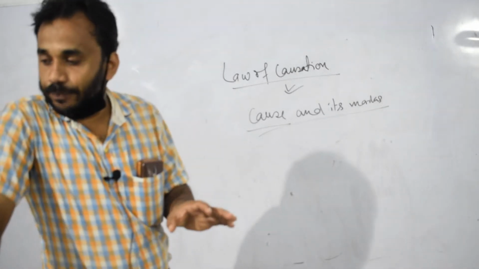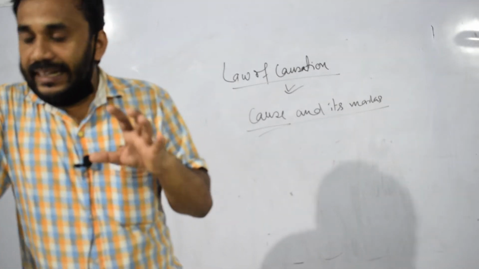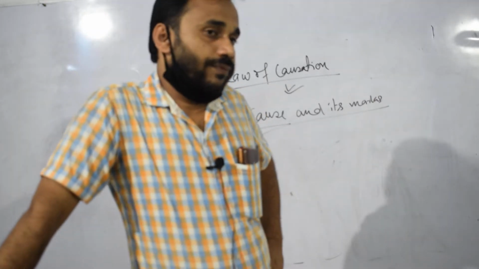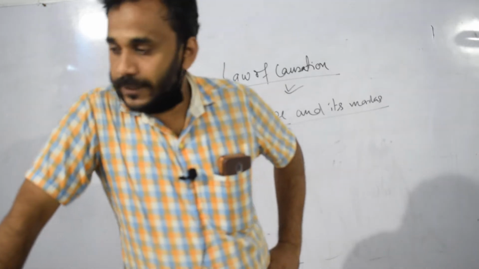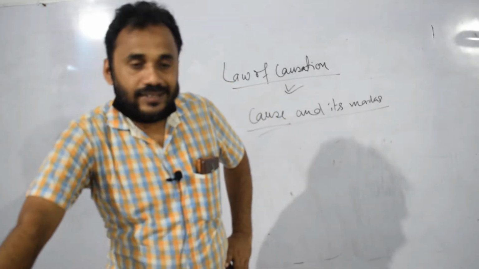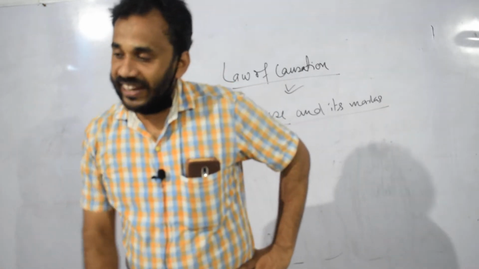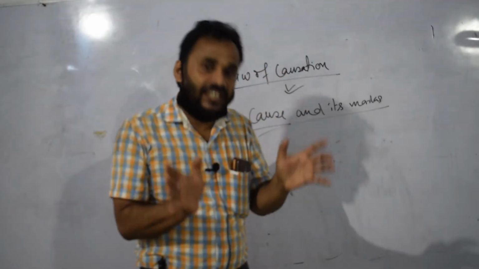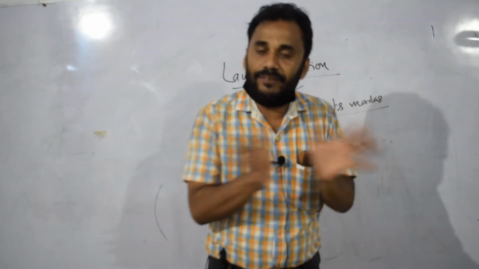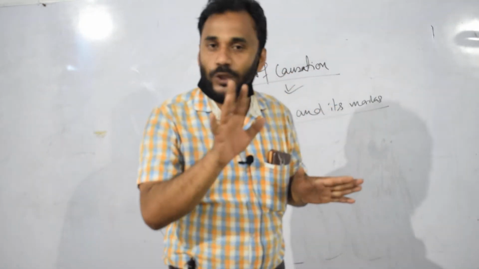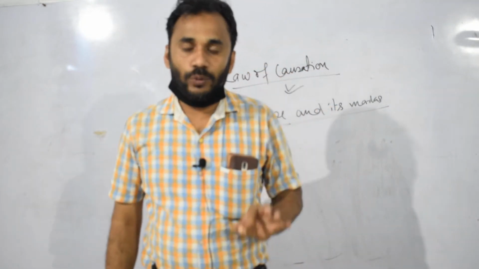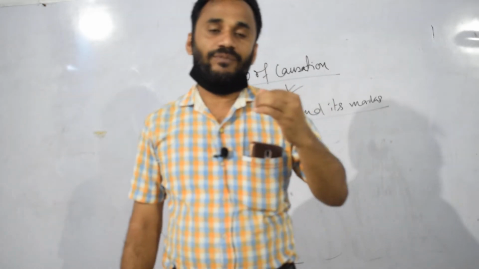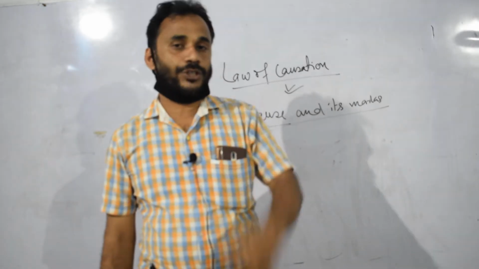So in analysis of these definitions, Mill has given two definitions, Hume has given one definition, and Bain has given one definition.